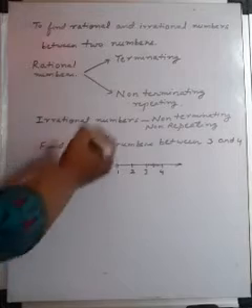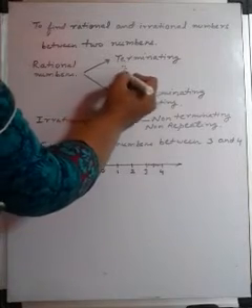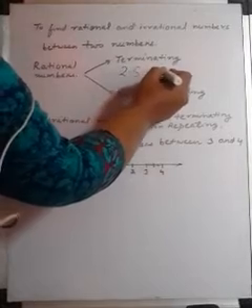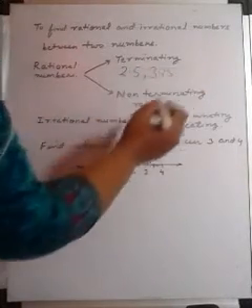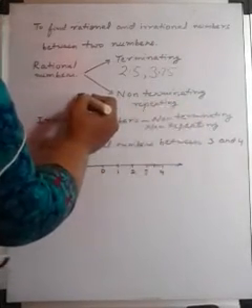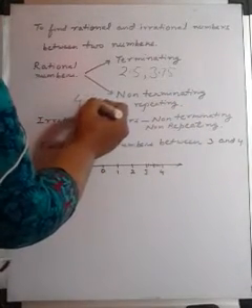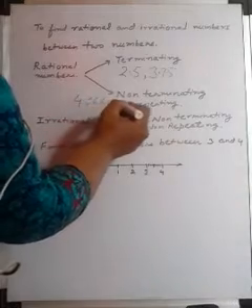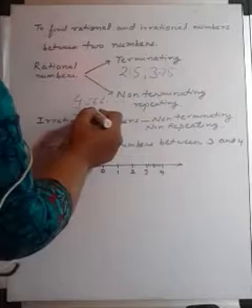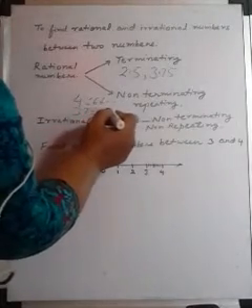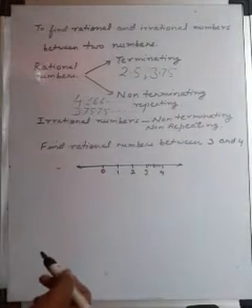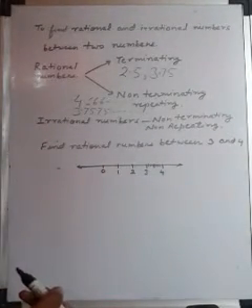Terminating decimal representation, for example, 2.5, 3.75, and non-terminating repeating decimal, for example, 4.666 and so on, or 3.7575 and so on. So these types of numbers are called rational numbers.